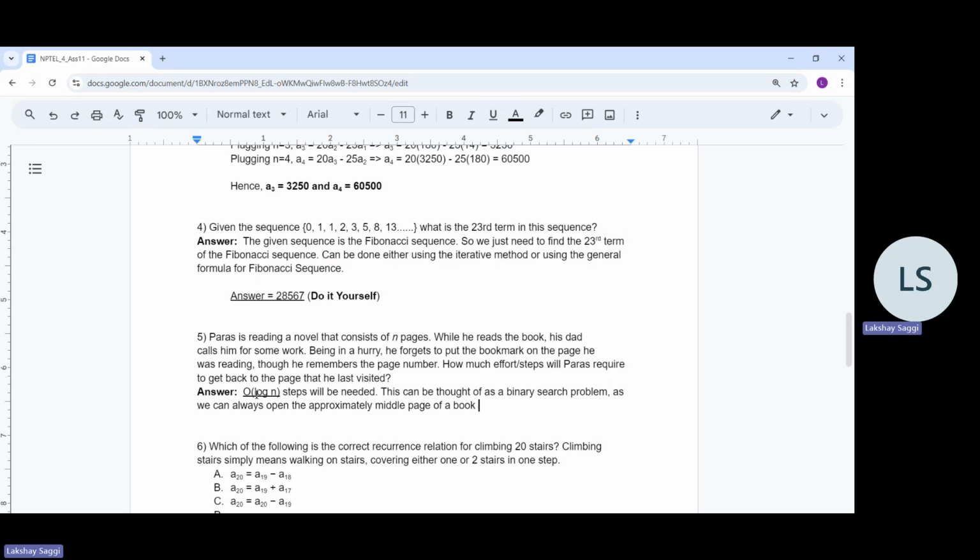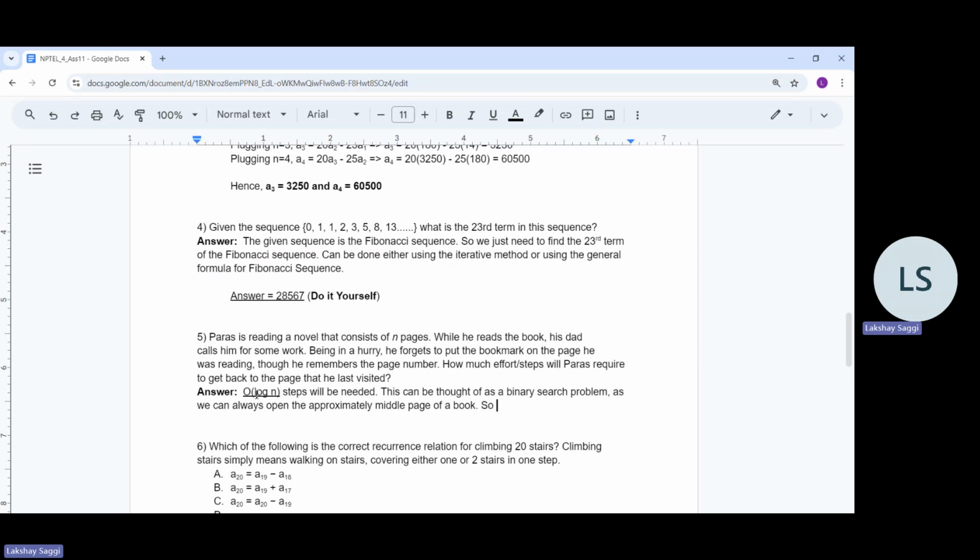And by approximately middle, I mean, suppose a book has 200 pages, you can't open exactly the 100th page, but if you go to approximately the middle, you will usually be able to open a page which is between the ranges 90 to 110. That's why I'm saying approximately middle page. So we can always open the approximately middle page of the book.